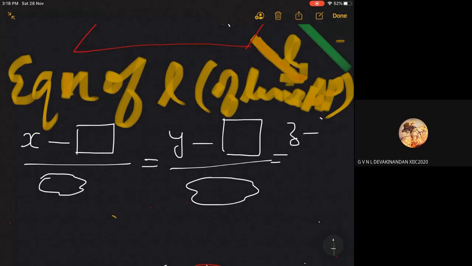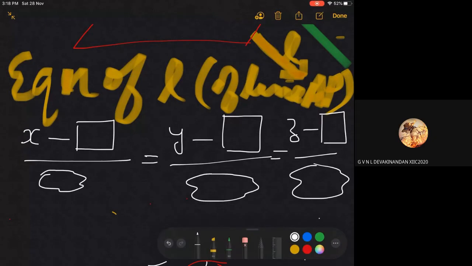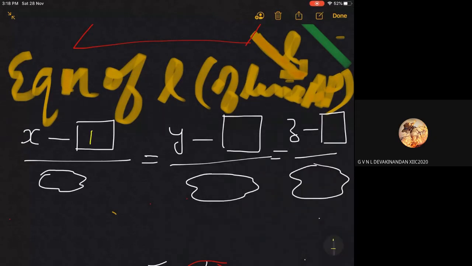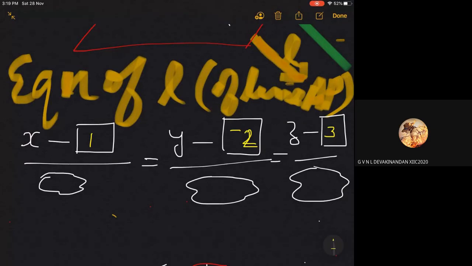It is passing through 1, minus 2, 3, so you fill in the given point here as 1, minus 2 and 3, and below it write the direction ratio that we also got: 2, 3, minus 6. So we have got the equation of the line.